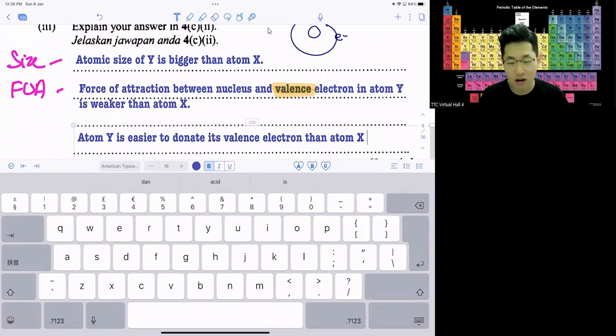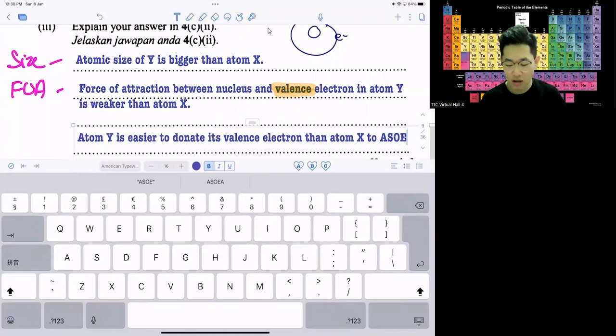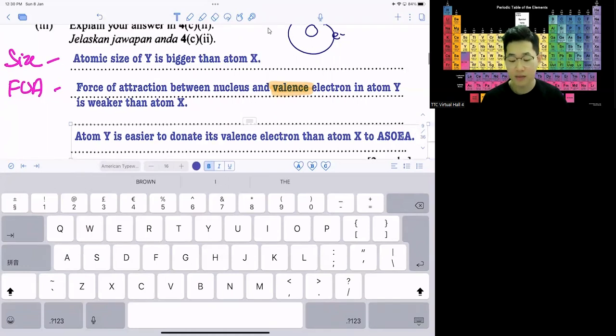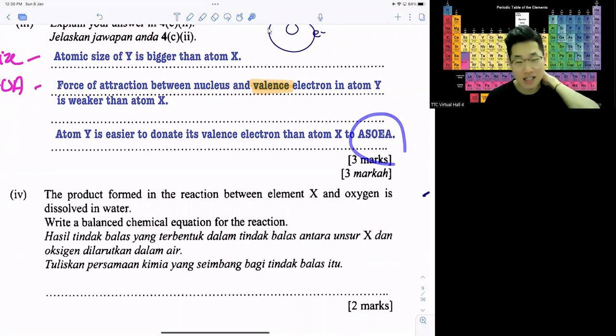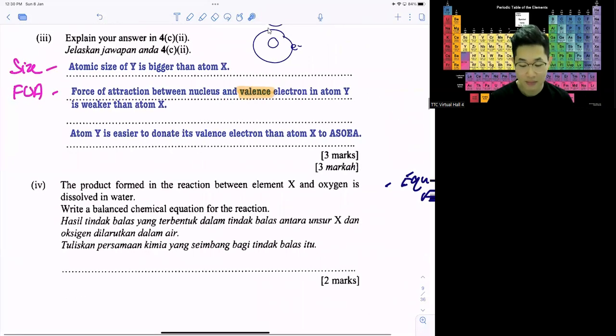Like this is not complete. Then we have to write to achieve stable octet electron arrangement. I mean, have to write in full sentence. I cannot use short form, of course. But usually, if you stop here, also can. 就这样.